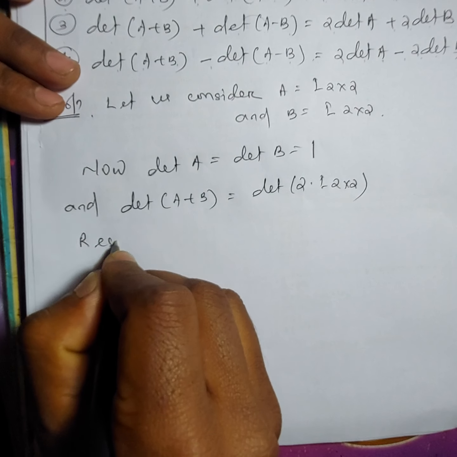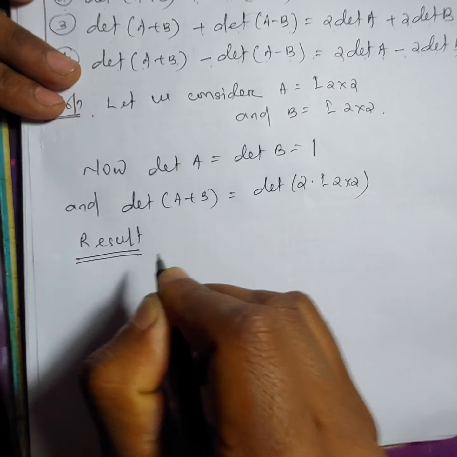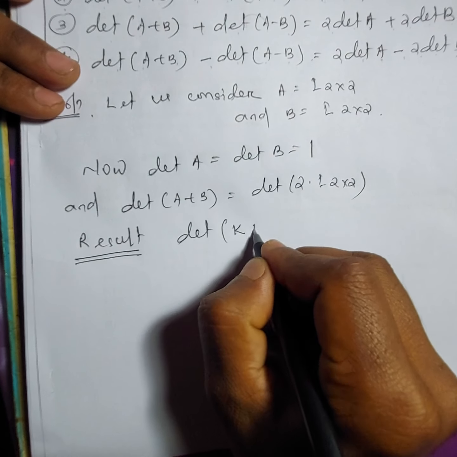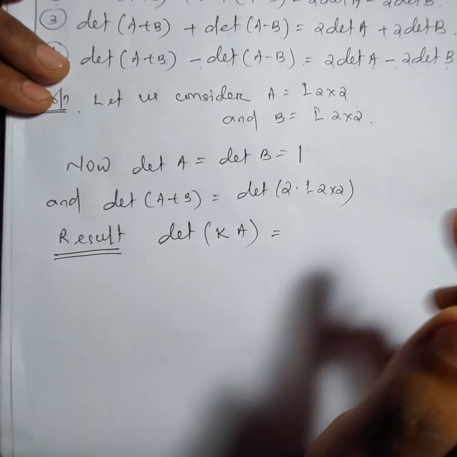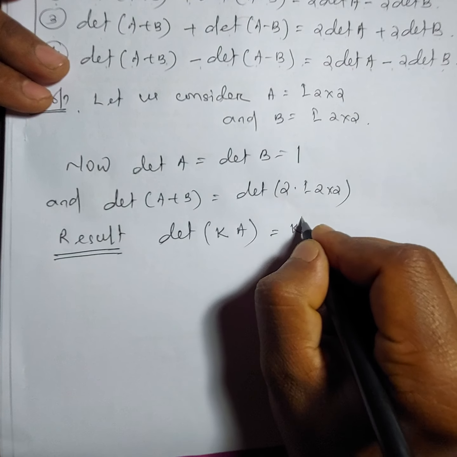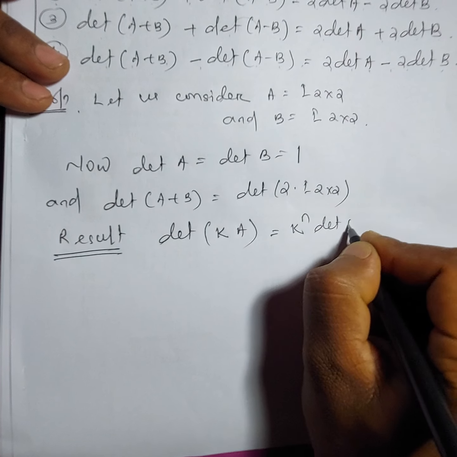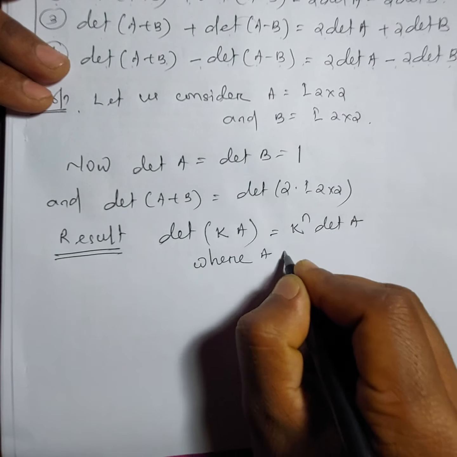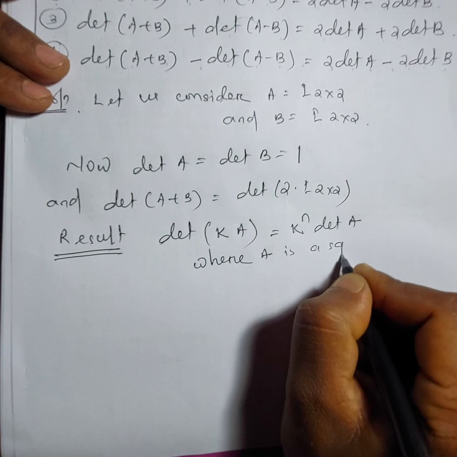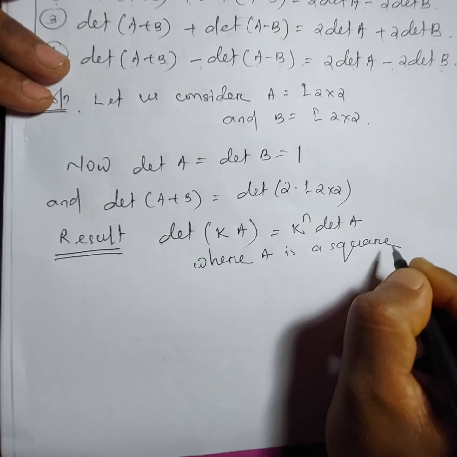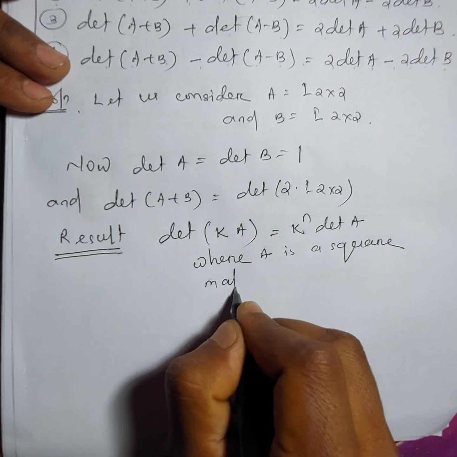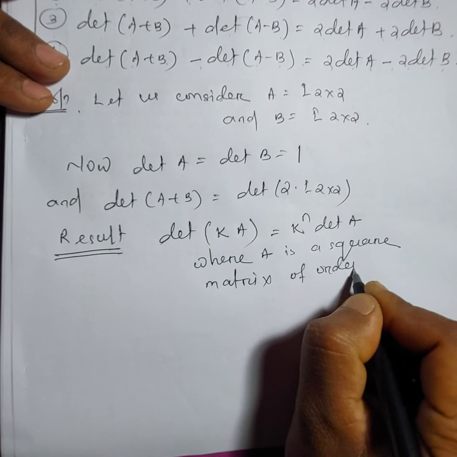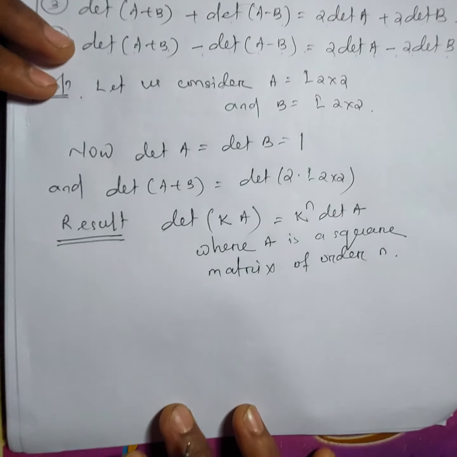Result: determinant of scalar multiple k of matrix A is equal to k to the power n into determinant of A, where A is a square matrix of order n.